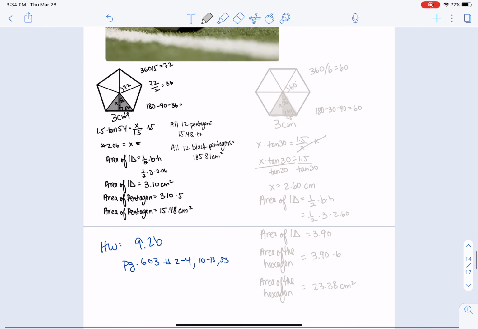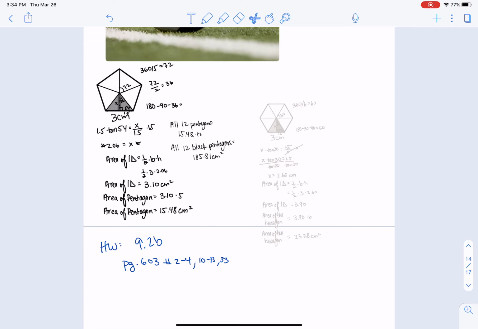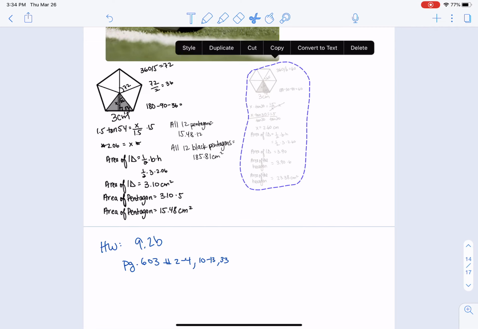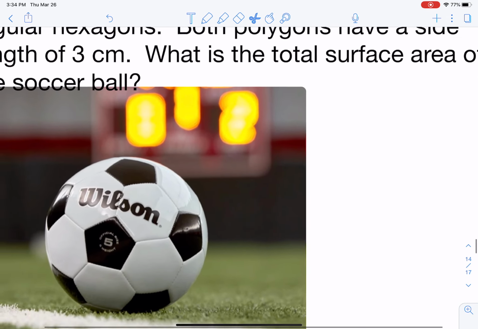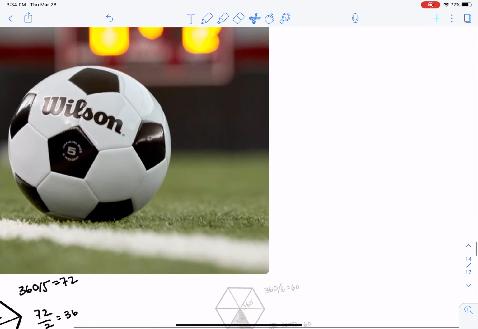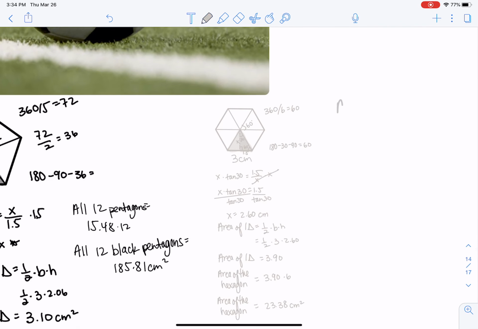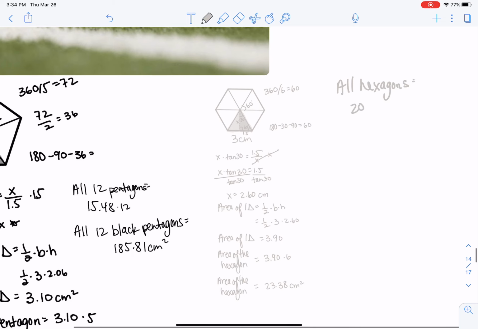So again, this is a lot, and we still just found one of those white hexagons. But if I want to do all of them, this one said it had 20 hexagons. So all hexagons would be 20 times that 23.38.